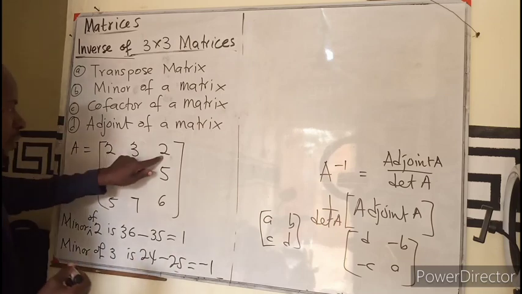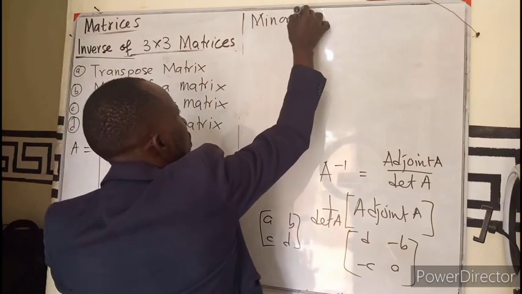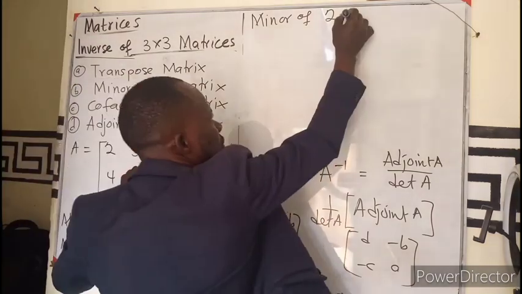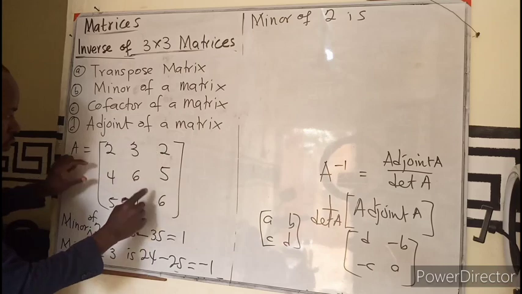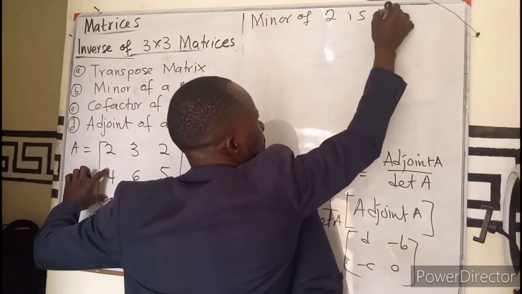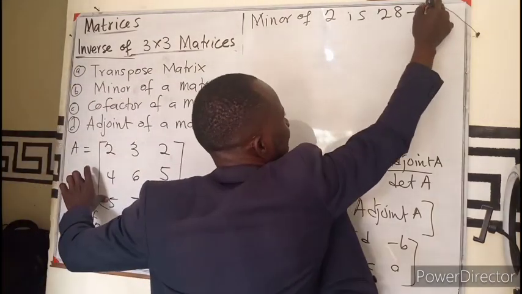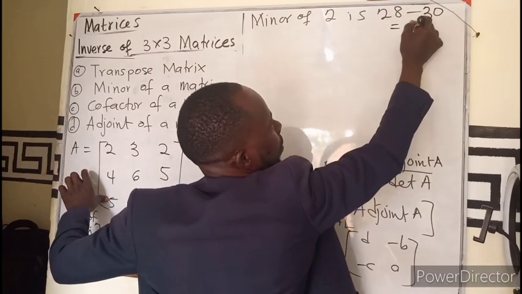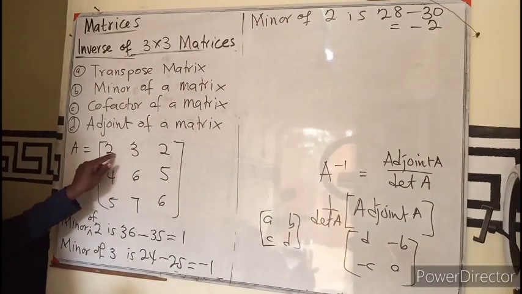Let's go to this place. The minor of this 2 is just going to be cancelling all the column and all the row. I'm left with this leading diagonal 28. Other diagonal will be 30. So in this case, I'll be left with minus 2. So I am done with the row.